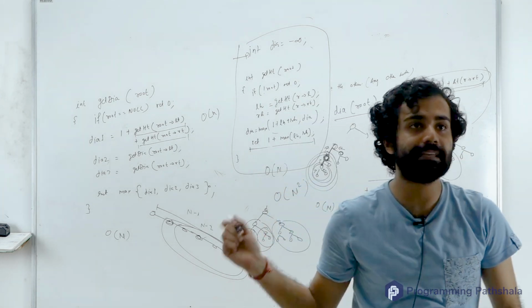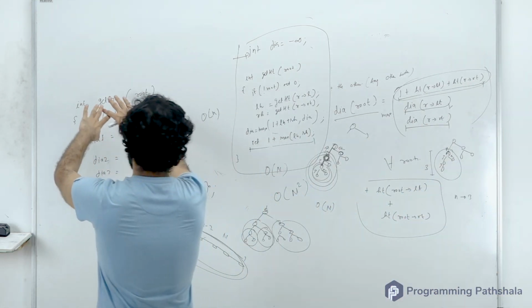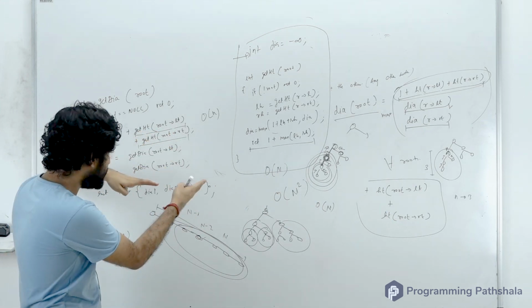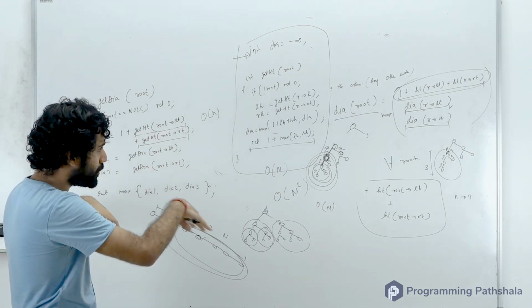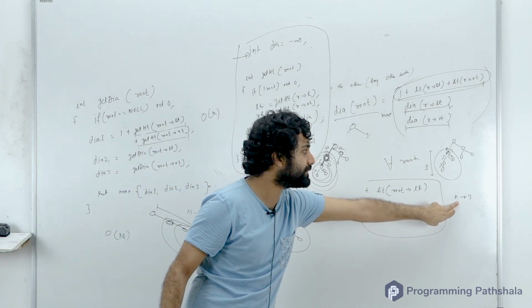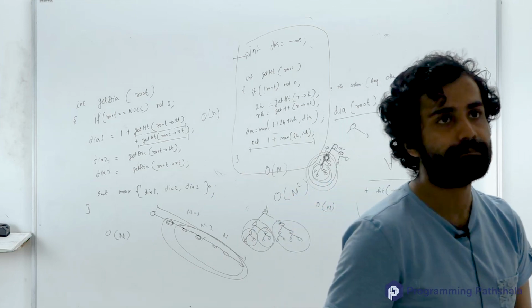So this information can be stored in a map, because if you have stored these heights, then while doing this, you do not need to call get height method on root left or root right. You can just perform a lookup of that node from this map, and you will be able to get back that height.